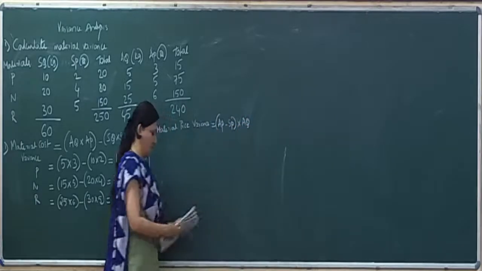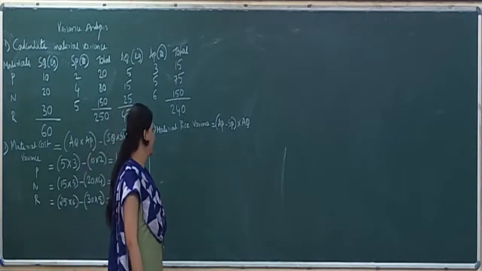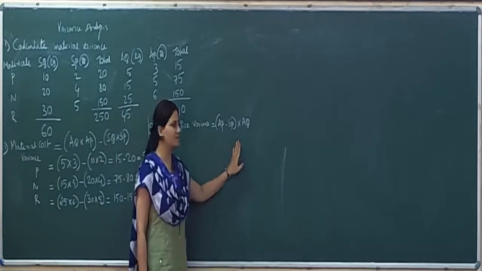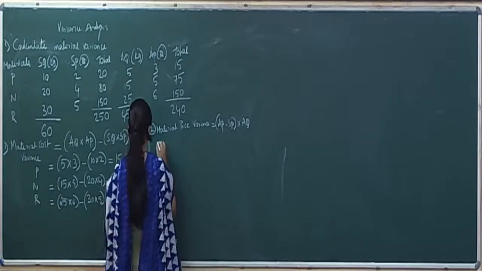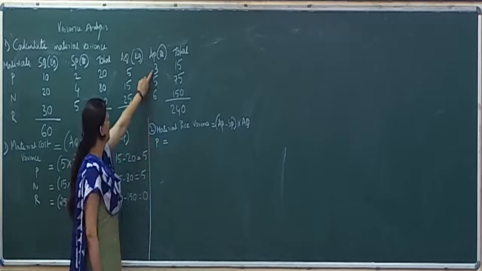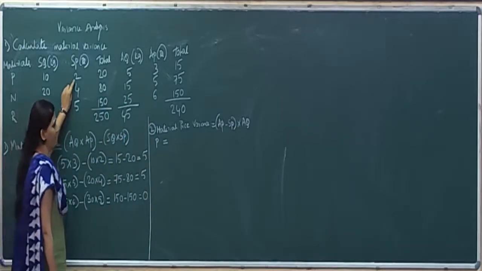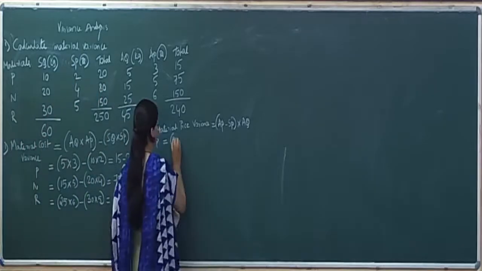The formula followed for material price variance is actual price minus standard price into actual quantity. So for P, actual price 3 minus standard price 2, and the actual quantity is 5.